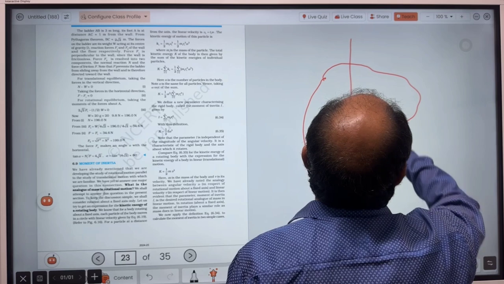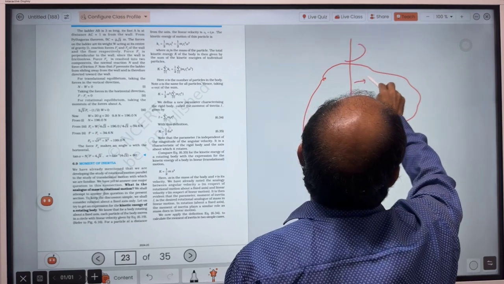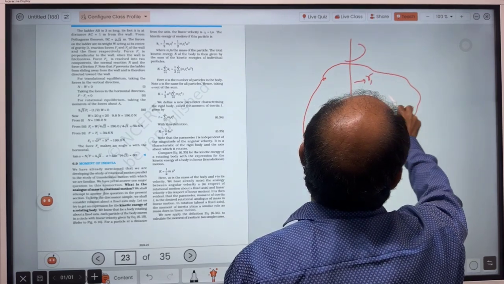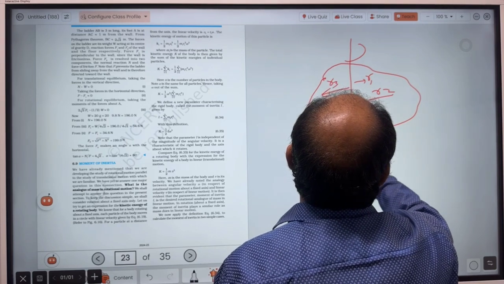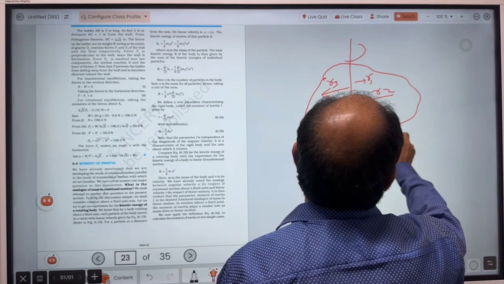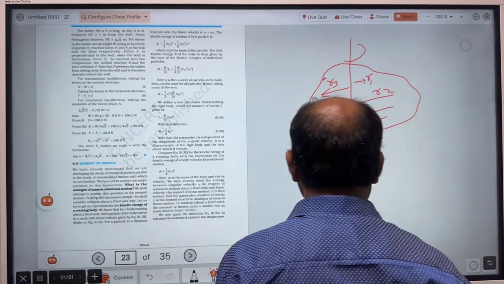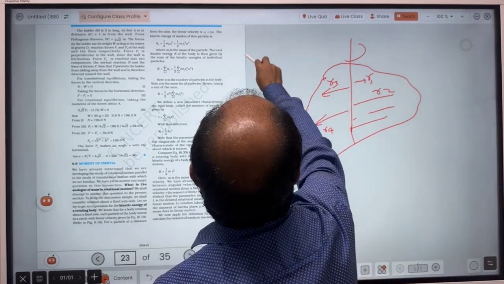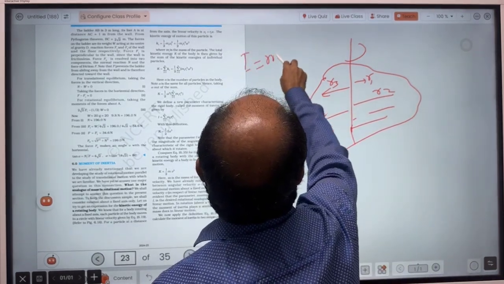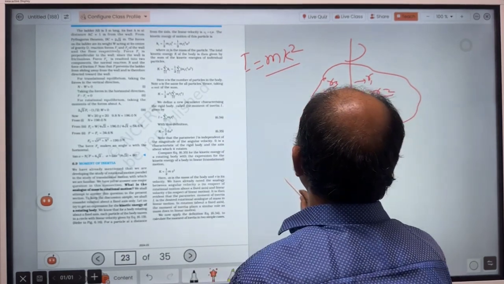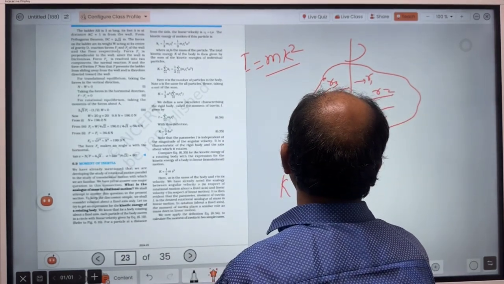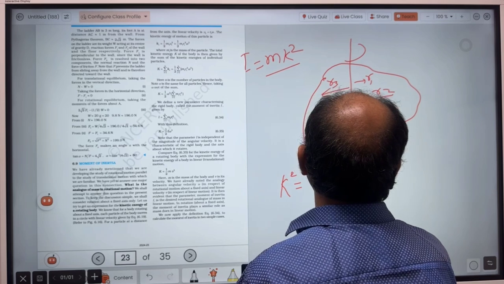So here one more concept we can use, I equal to m k square, where k is the radius of gyration. So how to find k square? For finding k square, we find r1 square, r2 square, r3 square, and so on till rn square, and then divide it by n, and we can easily get it. So that is also one way.